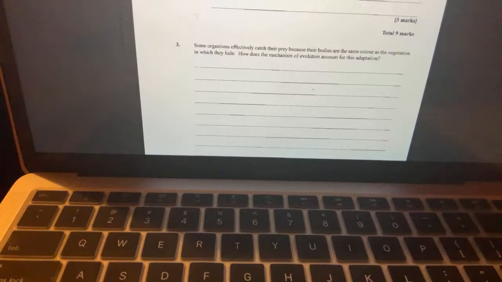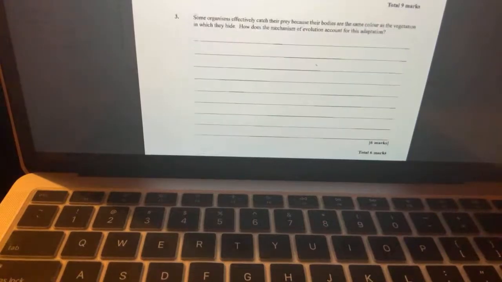All right, for number 3, it says some organisms effectively catch their prey because their bodies are the same color as the vegetation in which they hide. How does the mechanism of evolution account for this adaptation? Let me see how many marks this is. This is 6 marks. How would you attempt this question?